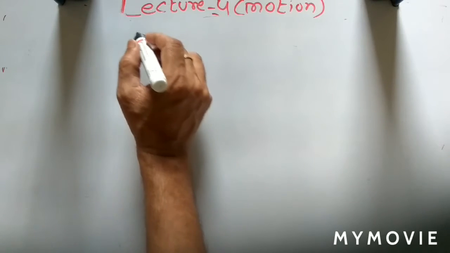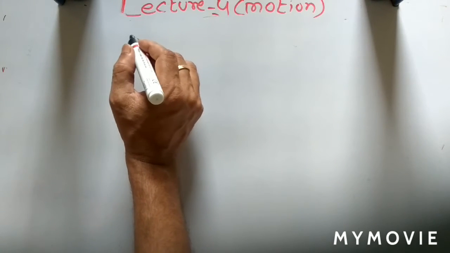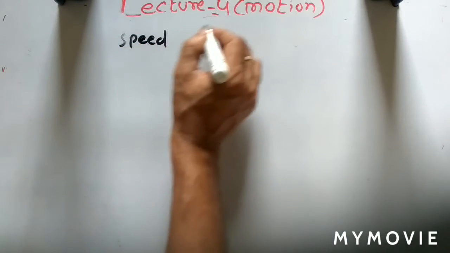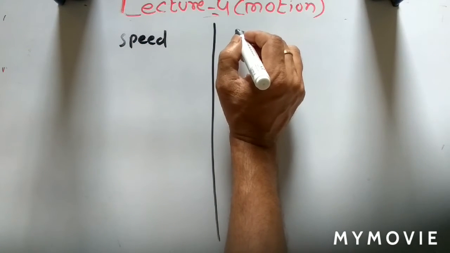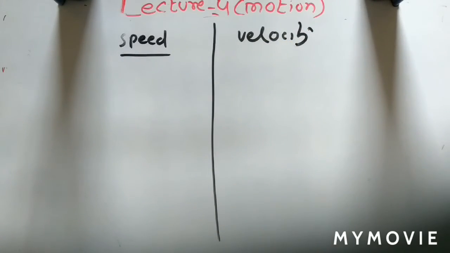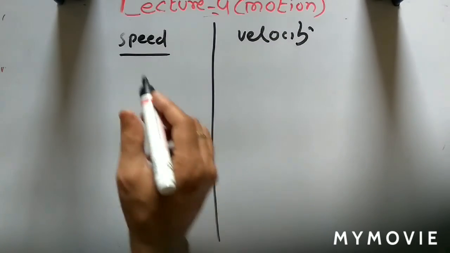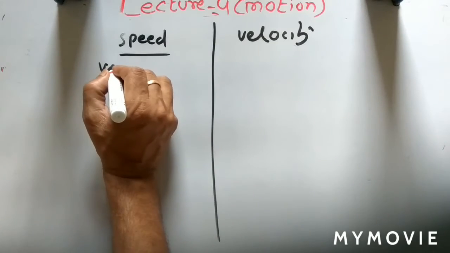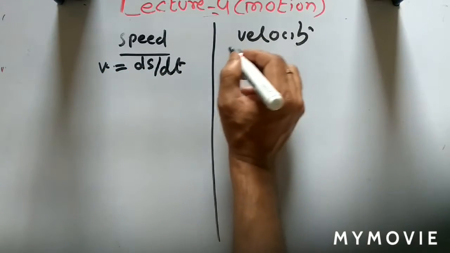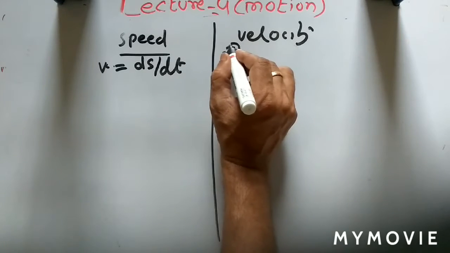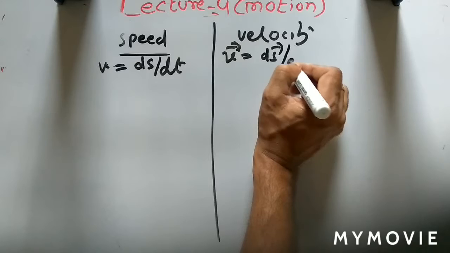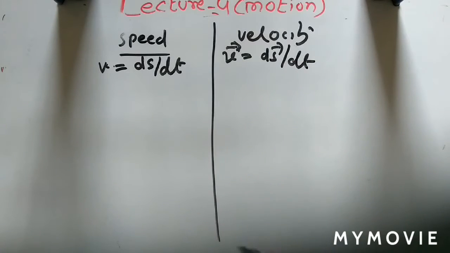Now the question comes: what is the difference between speed and velocity? First, speed is defined as the rate of change of distance, ds by dt, and velocity, represented by v with an arrowhead, is ds by dt, where this ds is displacement.